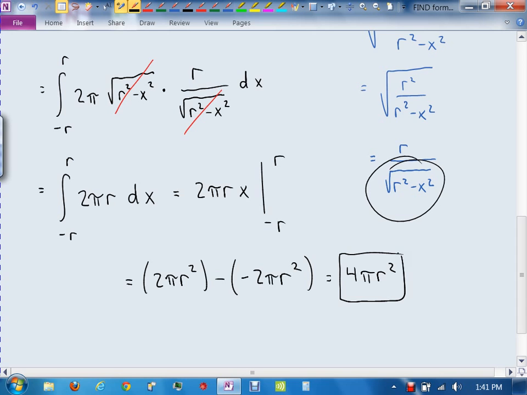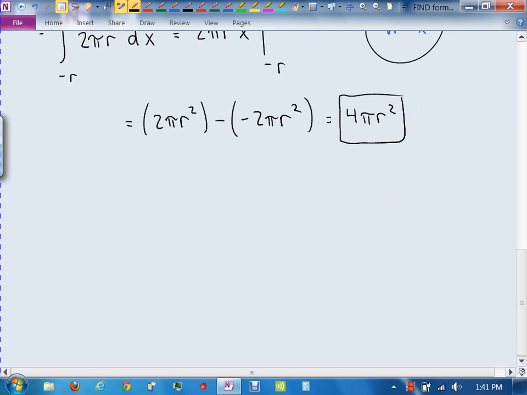Hey, and just FYI, I didn't do this in class. I just never came around to it. If you want to know the formula for the volume of a sphere of radius r, then you're wrapping that same function around the x-axis, aren't you? But you're doing washers, the first method we ever learned for volumes. So do you remember what the formula was for that?